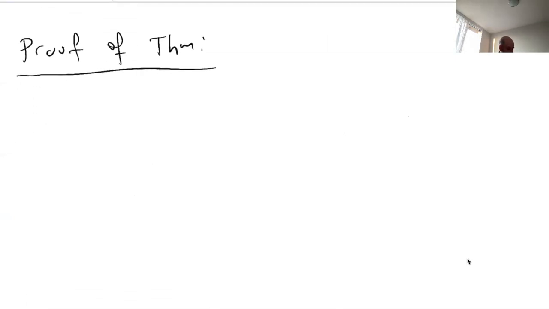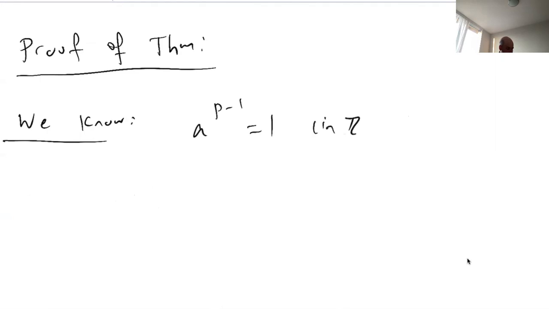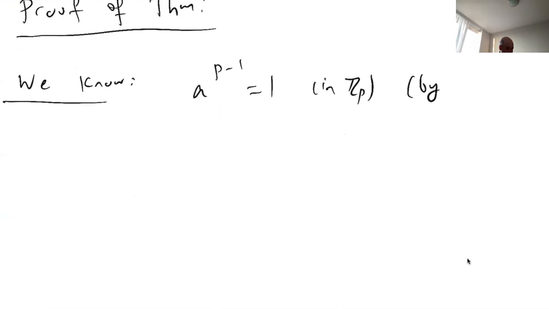Okay, what do we know? We know that a to power p minus 1 equals 1 in Zp by Fermat's little theorem. Fermat's little theorem said that a to power p minus 1 is 1.